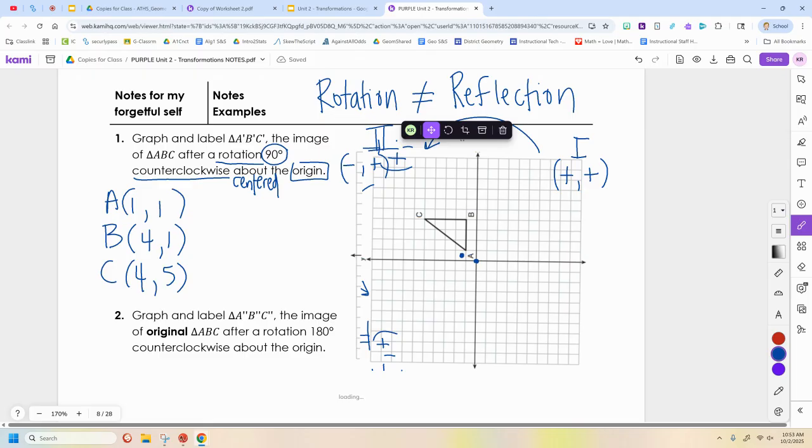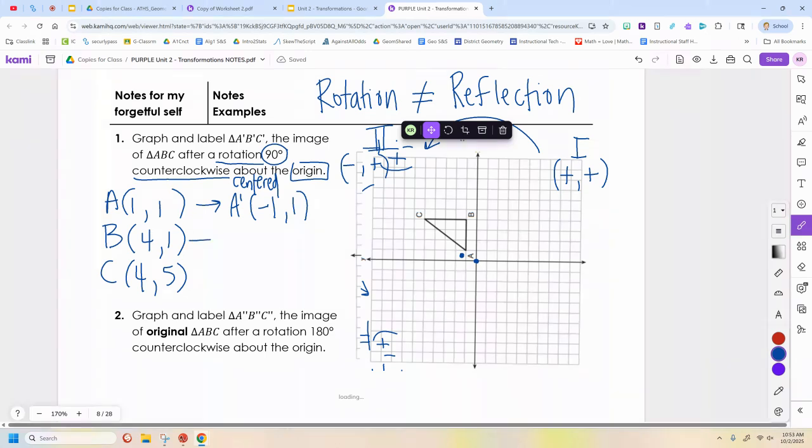Okay, now, this is your paper turned, correct? So, focus. To get to A, do you see how I'm going back 1, up 1? So that's the coordinate pair, -1, up 1. Does it make sense that if I'm in quadrant 2, it goes negative, positive?